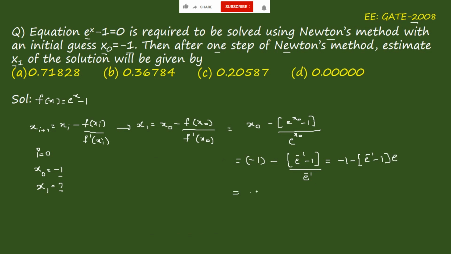So it is equal to minus 1 minus 1 minus e, which is equal to minus 2 plus e. You know that the value of e is 2.71828, right? So minus 2 plus e becomes 0.71828. So the answer is option A.